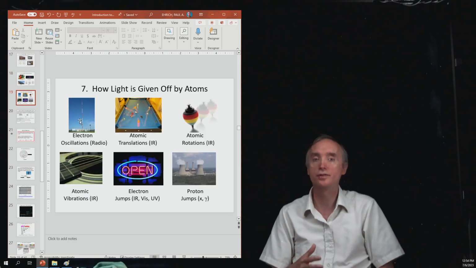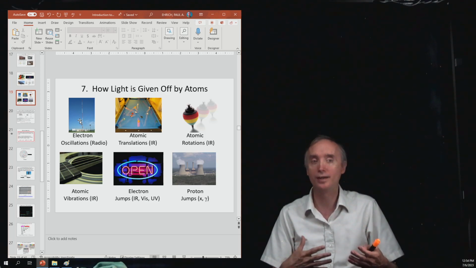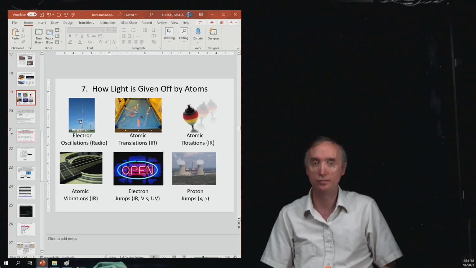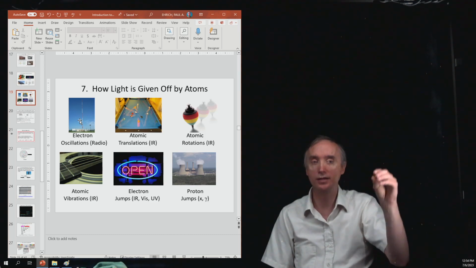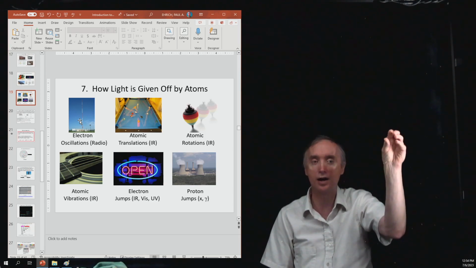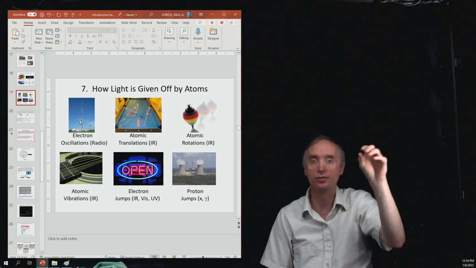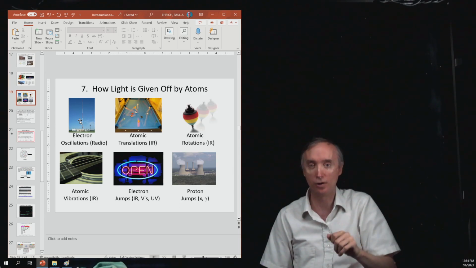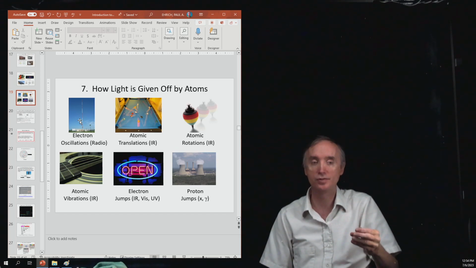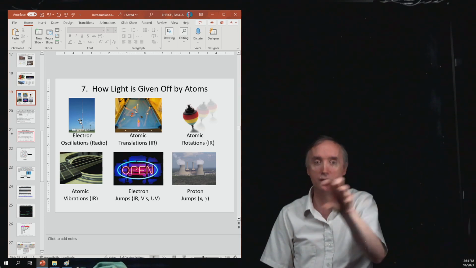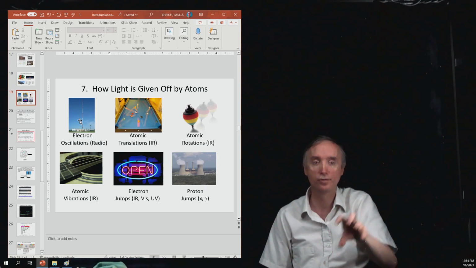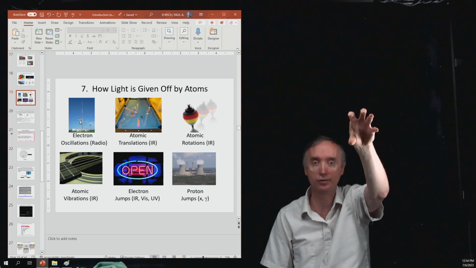So then what does an atom do with the energy? Once an atom has received the energy, what can it do with that energy? Well, one is it could make the electrons begin to oscillate, and that will produce radio waves. Another thing that can happen is that the atoms will begin to move three-dimensionally from that energy.